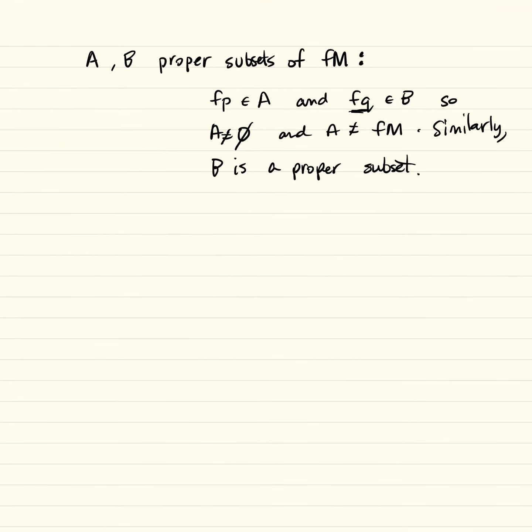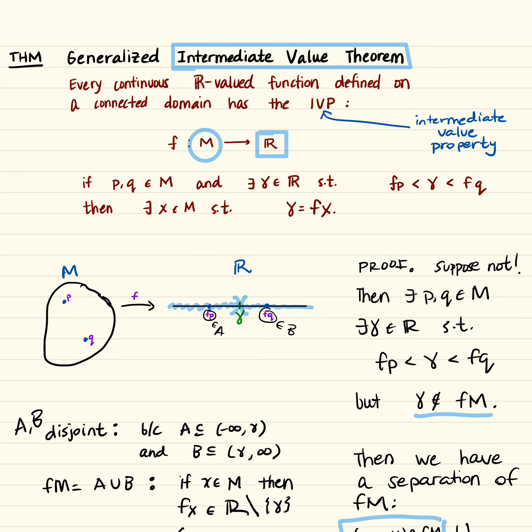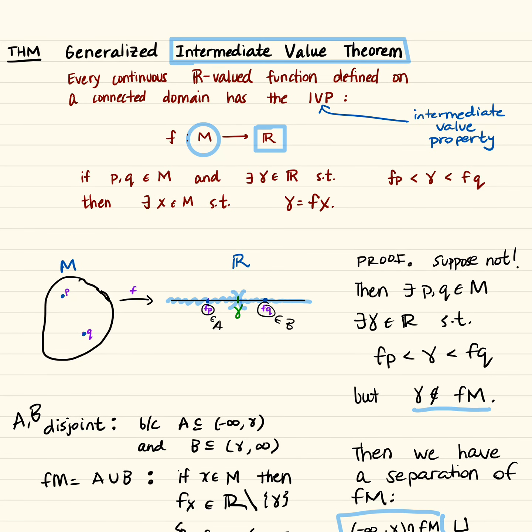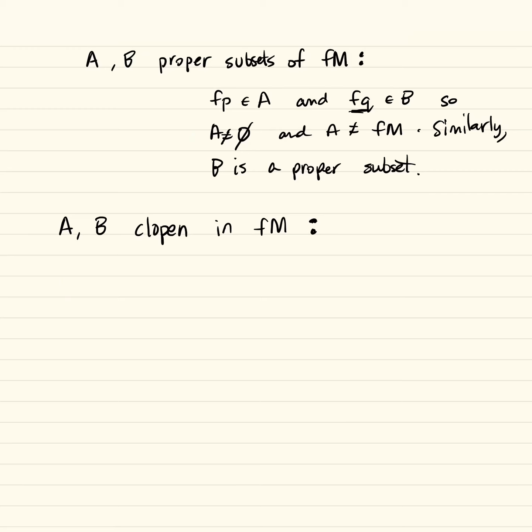Okay. Now the last thing we need to do is prove that A and B are cloven in F of M. Well, of course they're going to be cloven, because how do we get the open subsets? By the inheritance principle. You get an open subset if it is an open set in R intersected with your set, right?